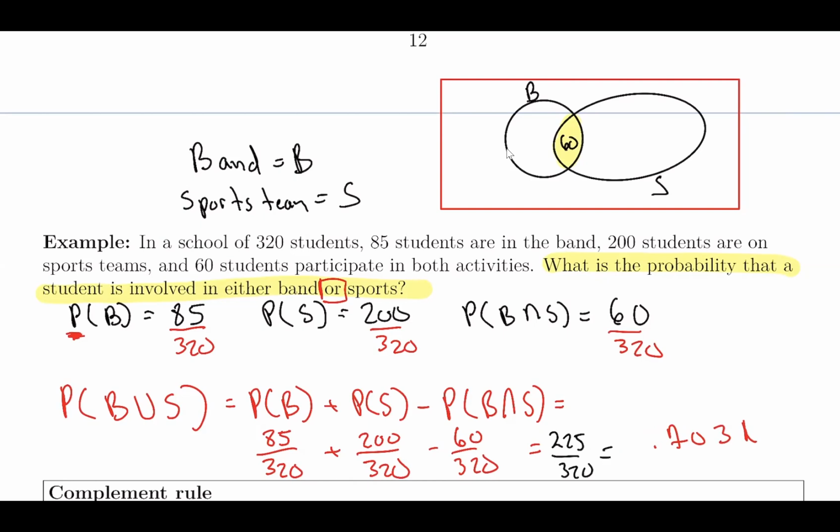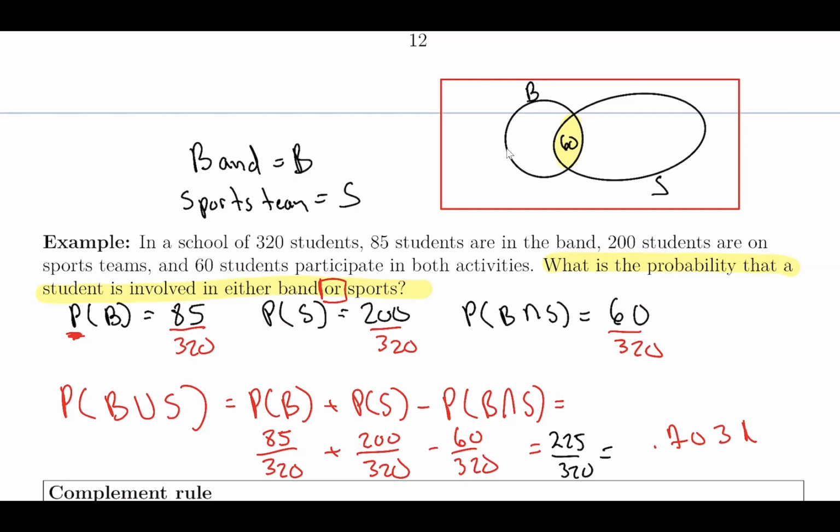So right now, we're going to focus on band. How many total students do we have that are yes in band? Cool. So we have 85 students that are in band. But let's look at the 85 students that are in band. Of these 85 students, are all of them in band? Oh, sorry. Yeah, all of them are in band.